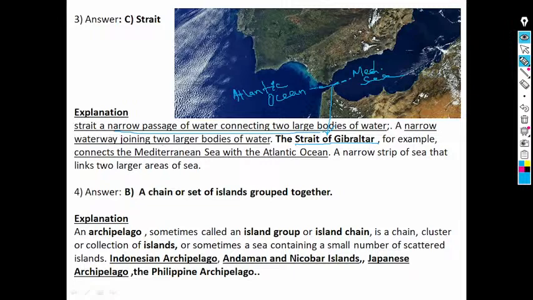For example, if I draw a map here, I will show particularly this is your Pak Strait. That is your Bay of Bengal and this is your Indian Ocean. ठीक है जी?